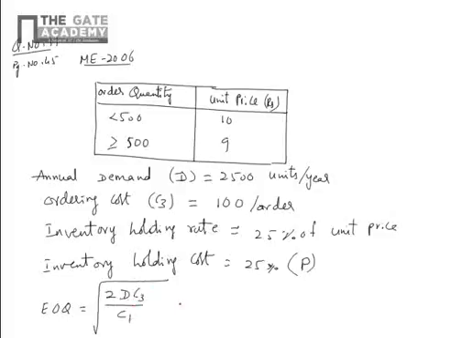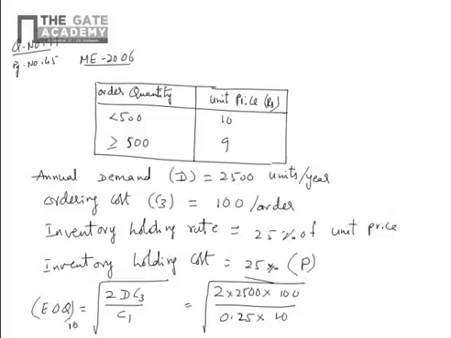So economic order quantity EOQ equals square root of 2 D C3 by C1. That is 2 into 2500 into 100 divided by 0.25 into, for example, 10 if you take. So the economic order quantity for 10 you will get 447.21.